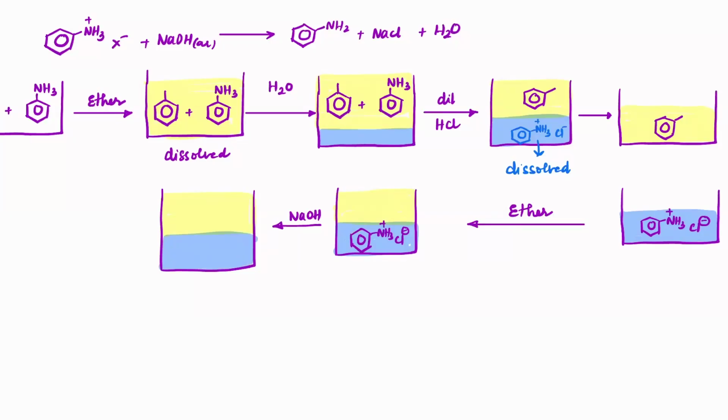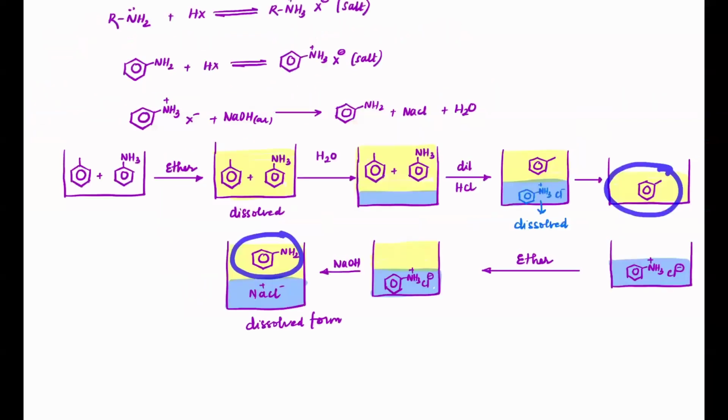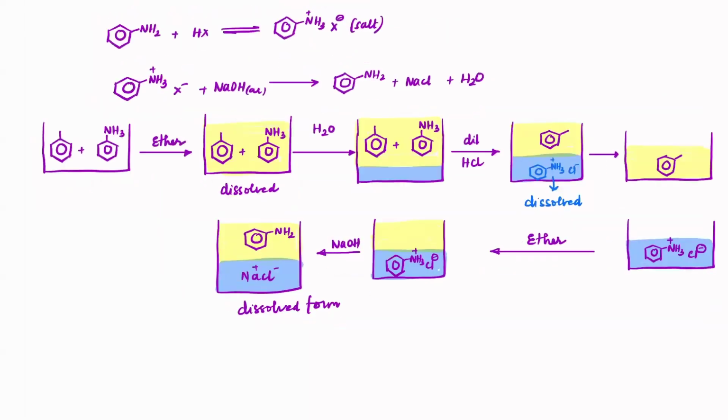Now what will happen? Aniline will start rising up here, and it will get dissolved in this ether form. And NaCl will be present here in a dissolved form, Na plus and Cl minus. So these are all in dissolved form. So what happened now? We got aniline separated and toluene separated over the reaction course. This is how the reaction will take place.